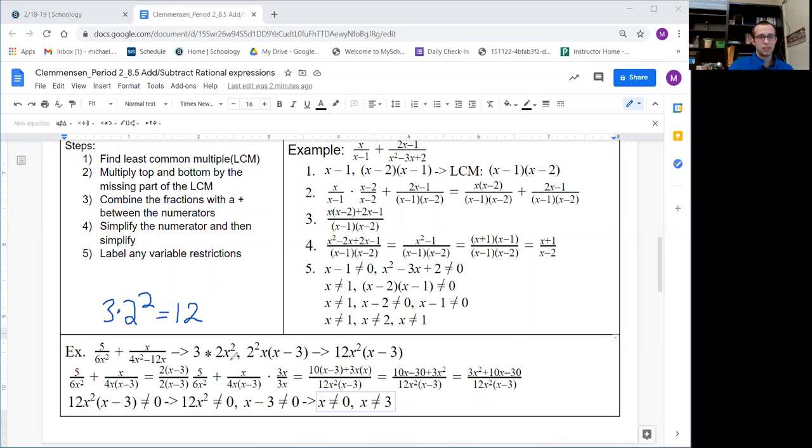I then look at my x's. So I have this x right here and this x right here. I go with the highest power. And so this x squared is higher than this x. So I use x squared right over here. Then I take the other factor that's missing, which is the x minus 3. And I put that over here.